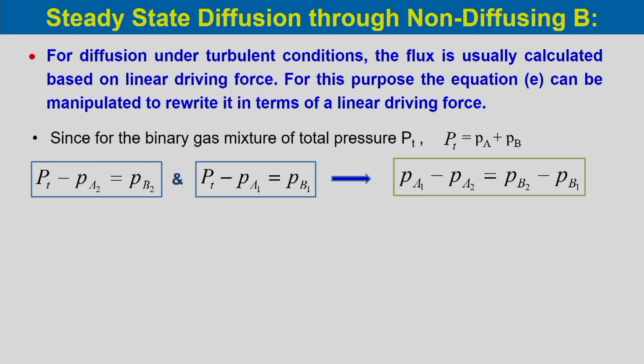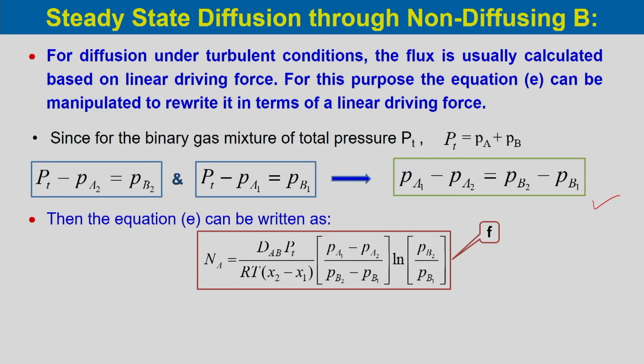Hence, we can write Pa1 minus Pa2 would be equal to Pb2 minus Pb1. Then equation E can be written as NA would be equal to DAB Pt divided by RT x2 minus x1 into Pa1 minus Pa2 divided by Pb2 minus Pb1 into ln Pb2 by Pb1.